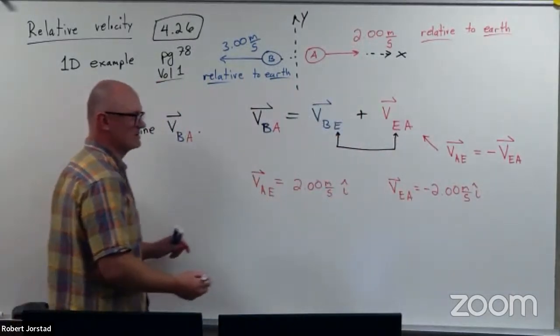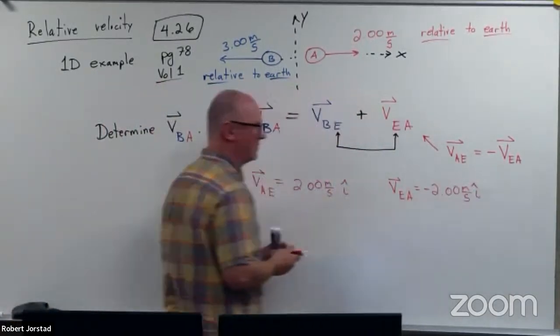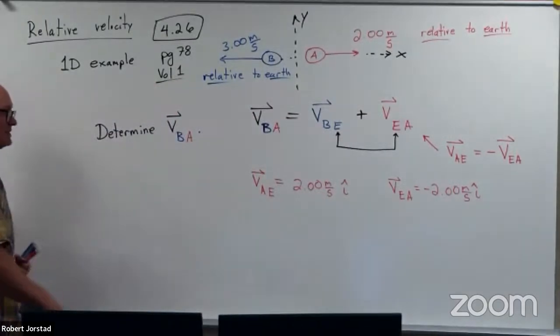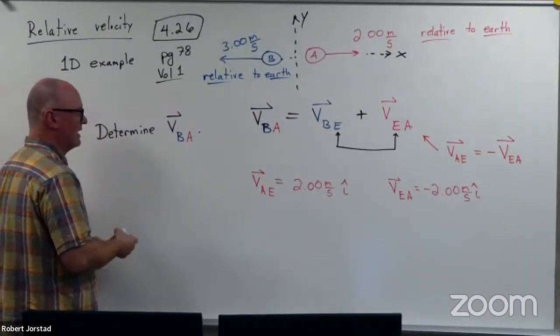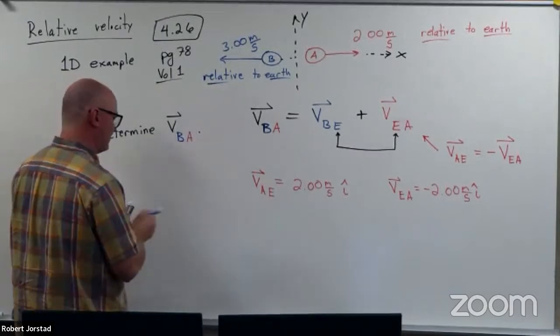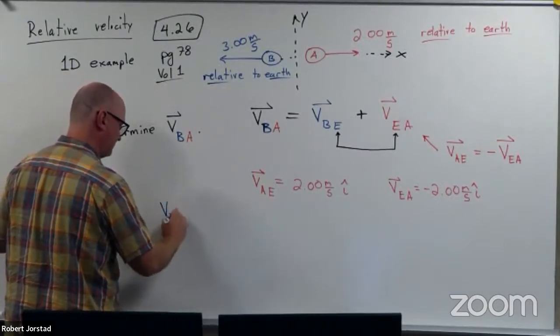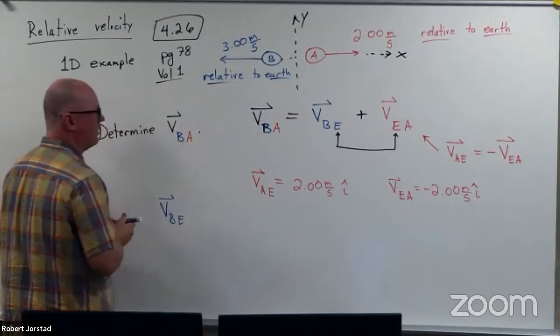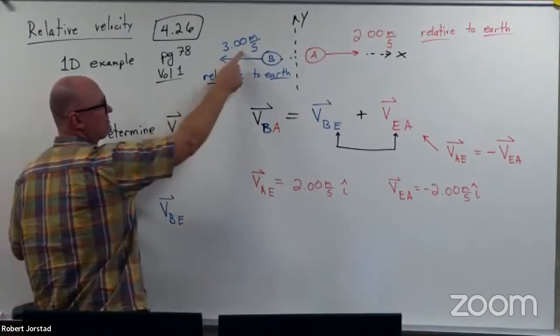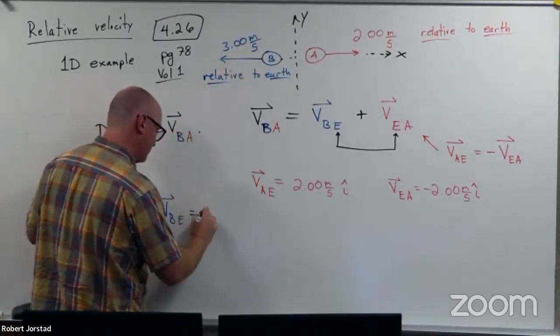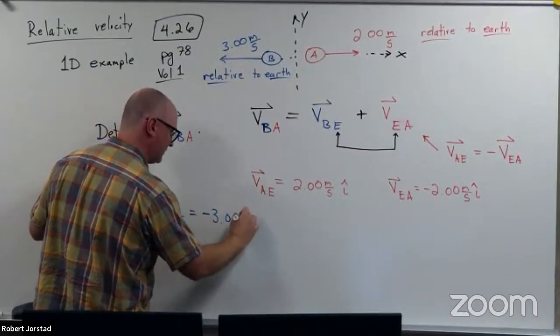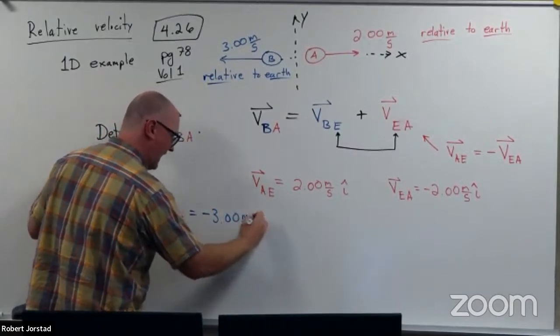Okay, I know this seems like overkill, just trust me. When we do the next problem, all we have to do is add in the J hats and you'll be good. Okay, look at this case. In this one, what's VBE? Well, VBE is 3 meters per second to the left, negative 3.00 meters per second I hat.